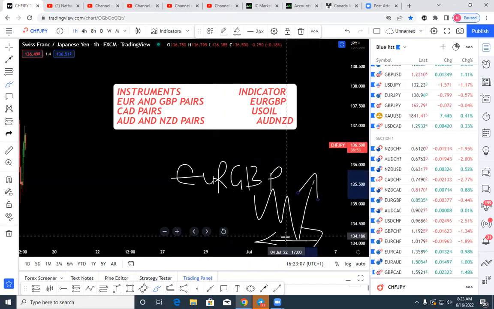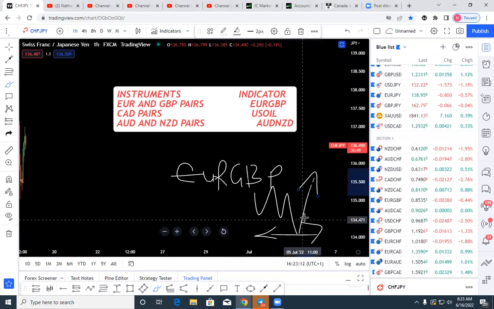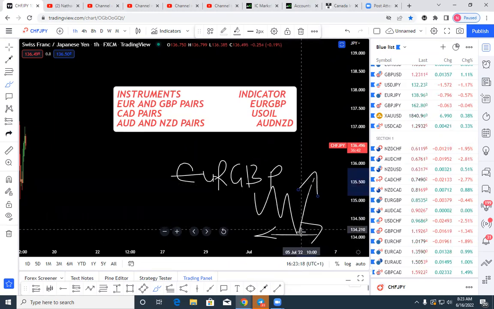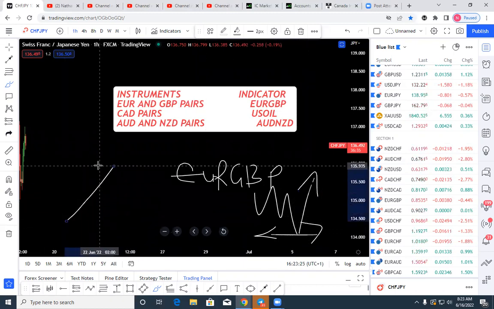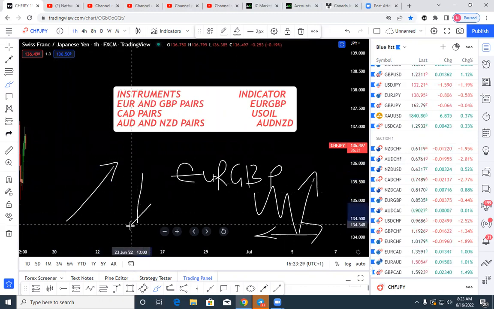What does that suggest to you? What it suggests to you is that in this current session and some sessions to come, maybe within the week or two, you are looking at a bullish setup of Euro GBP. All through that period, Euro is going to be very strong and GBP is going to be very weak.